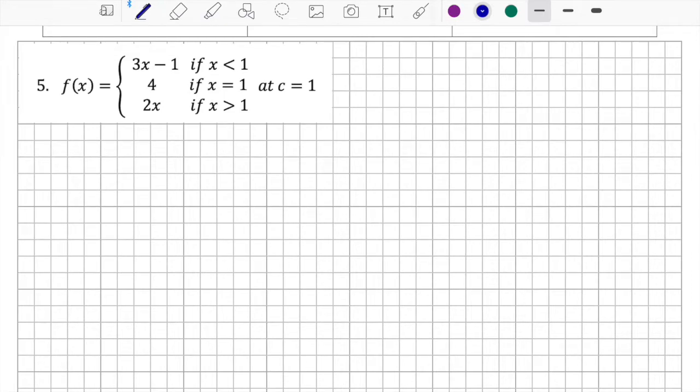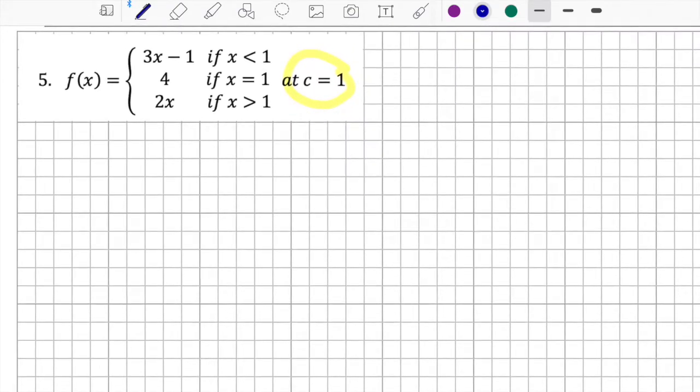Okay, here's another piecewise function. And this time we have three pieces. That's why it's called piecewise. It's made up of 3 pieces. This time I want to check, is it continuous at c equals 1? So the first thing we need to do is check the first condition. Is f of c defined? Meaning, what is f of 1?